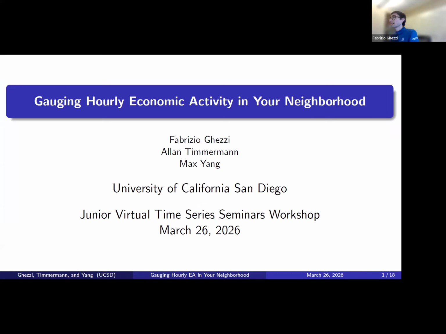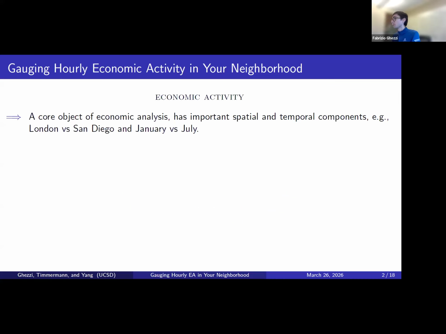So the title, Gauging Hourly Economic Activity in Your Neighborhood, is about measuring economic activity at very fine levels of granularity. Economic activity is a fundamental object in much of the analysis that we do, and it has clear temporal and spatial components.